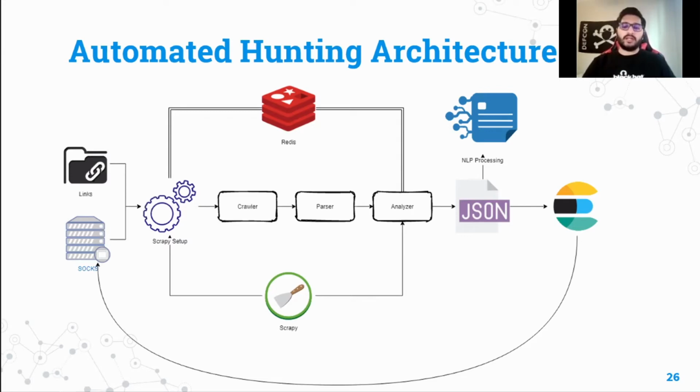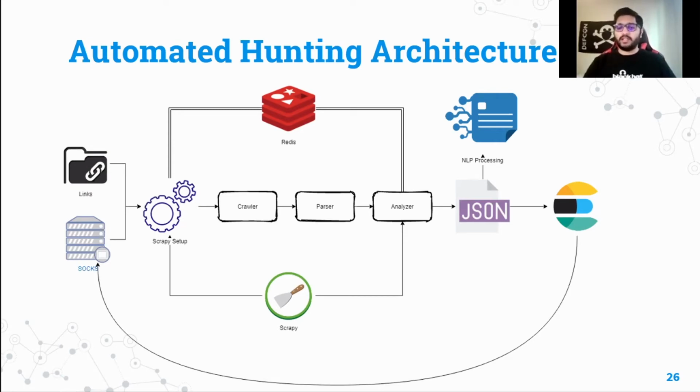Now the crawler, parser, and analyzer are all parts of Scrapy, except the analyzer. You can analyze data in Scrapy itself, or you can get the data out and then analyze it. In this case, I'm analyzing data in Scrapy. The crawl gets the HTML page, the parser parses the data and gets the HTML elements, and the analyzer analyzes.